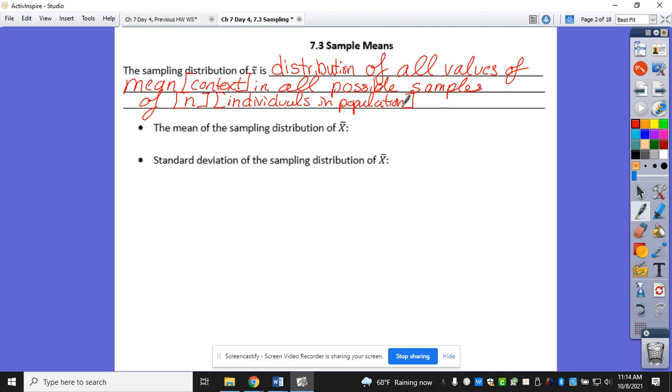So this goes back to where we started on day one with yellow versus blue, and each sample had a proportion of yellow. We could do that same thing and find the mean for each of those samples, and then create a graph of all the dots, and each of the dots be a mean.